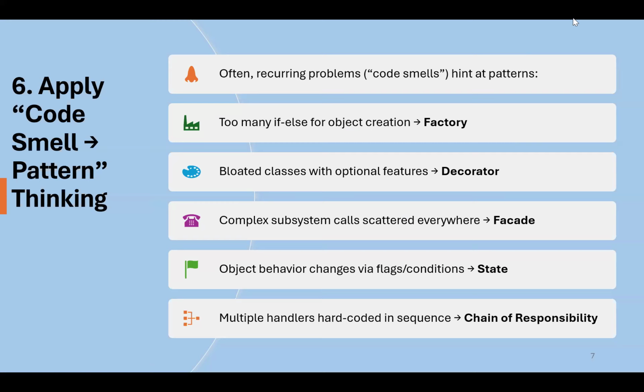For example, when it comes to object creation, if you use too many if and else, if this one create this object, if this one create this object, that is an obvious case for you to use the factory design pattern.